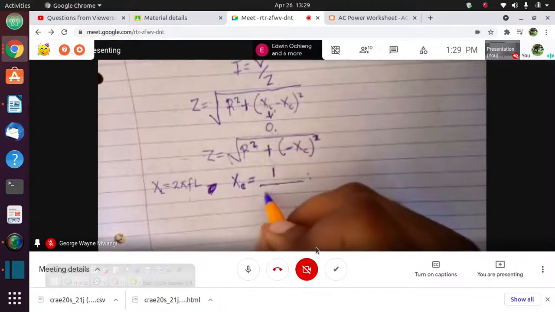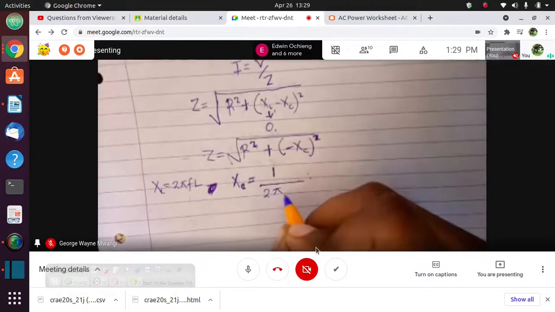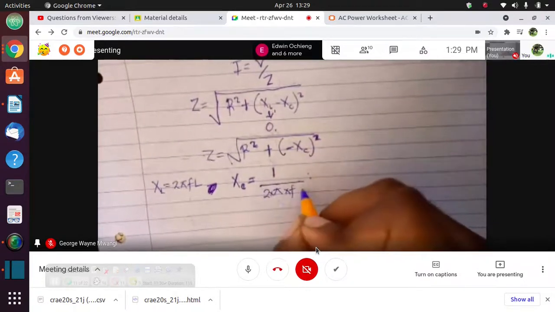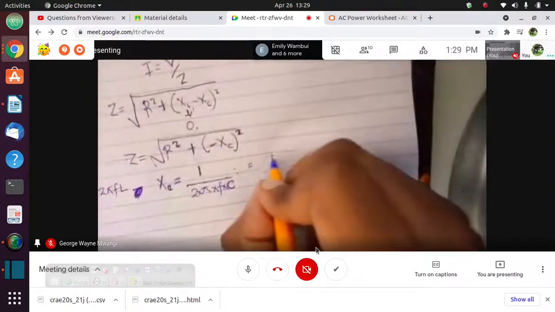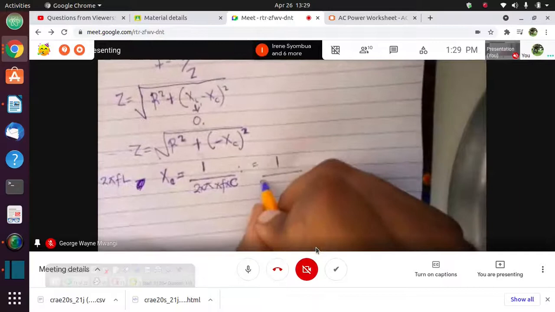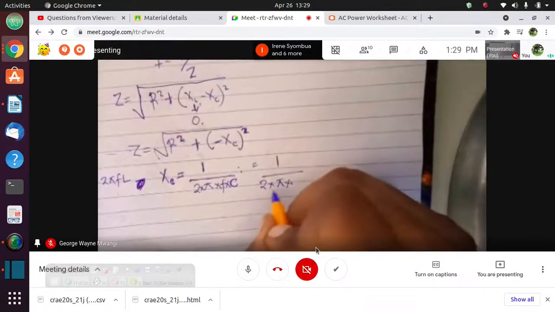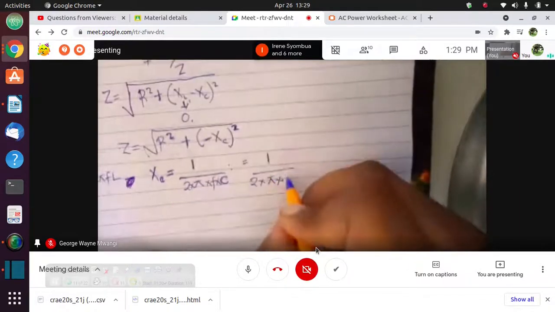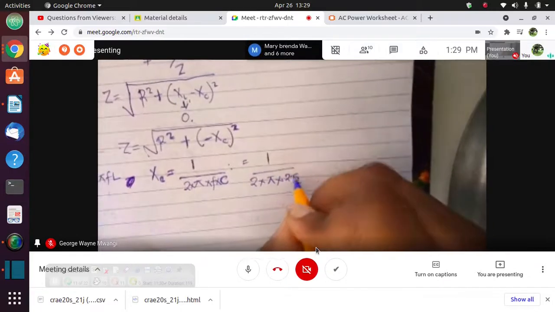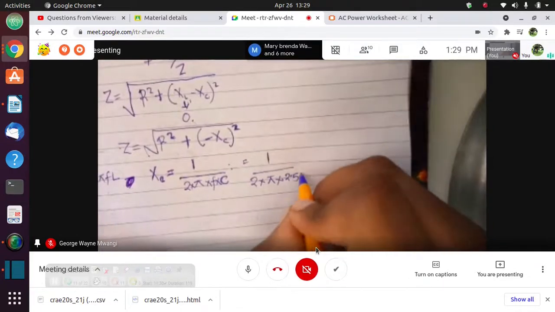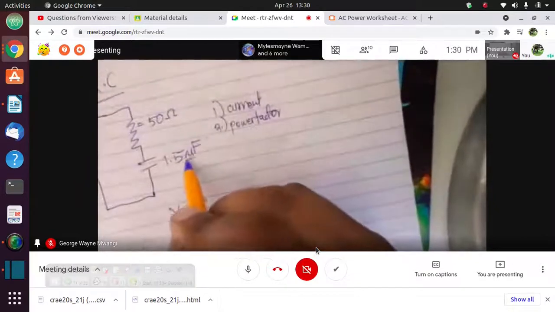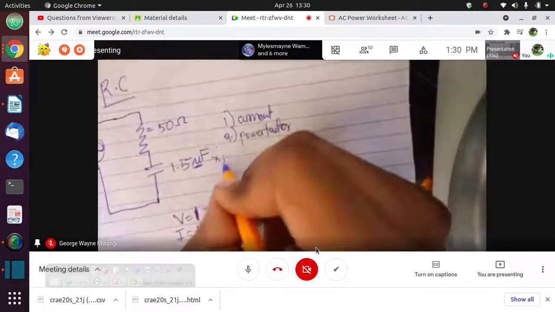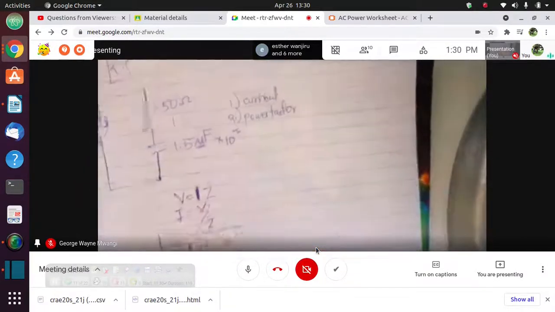XC is given by 1 over 2 times pi times the frequency times the value of the capacitor. So this is 1 divided by 2 times pi times the frequency of supply, 2.5, times the value of the capacitor. But it has been given in microfarads. Micro is times 10 raised to power negative 6, or divided by a million.